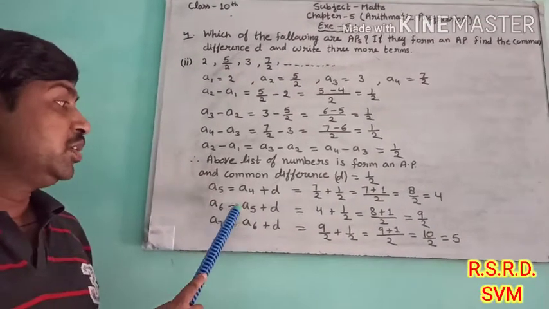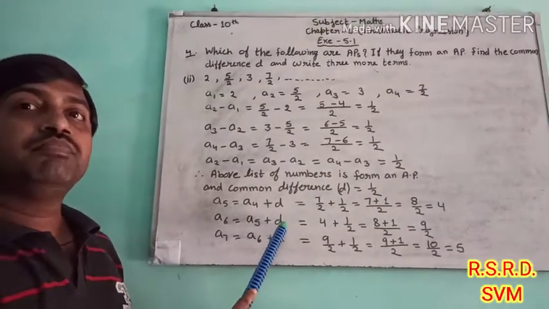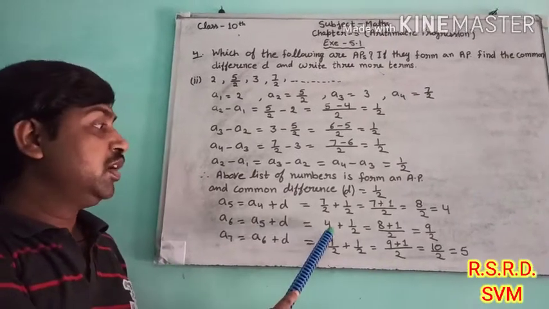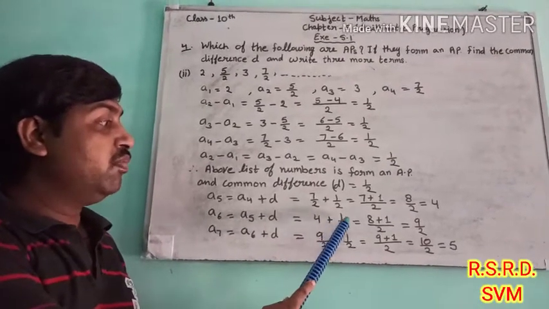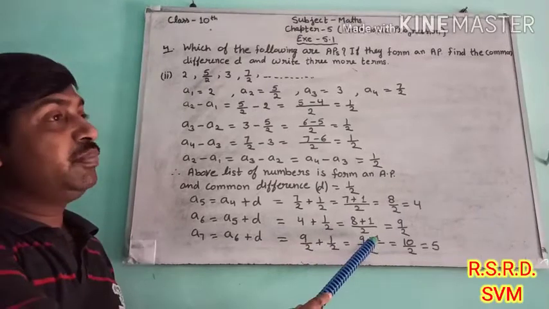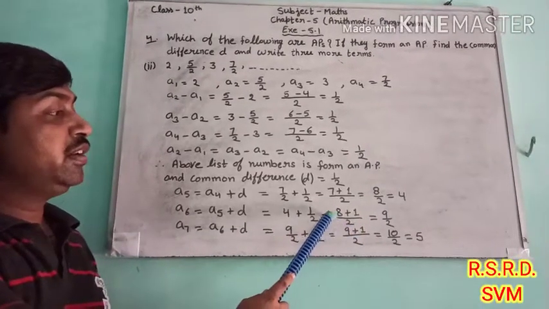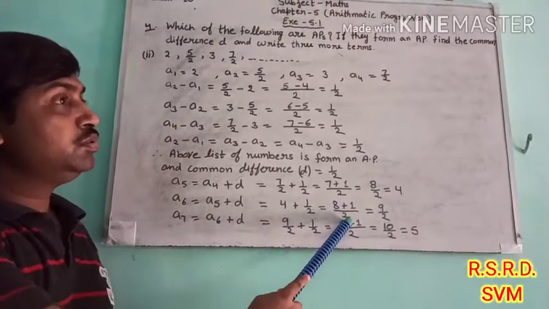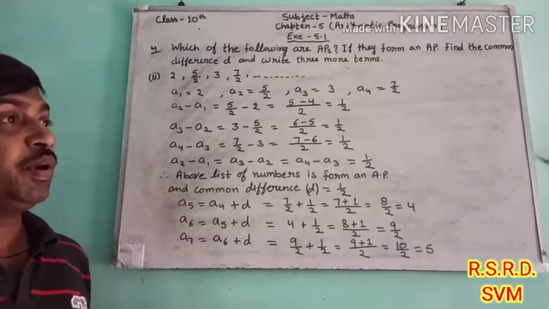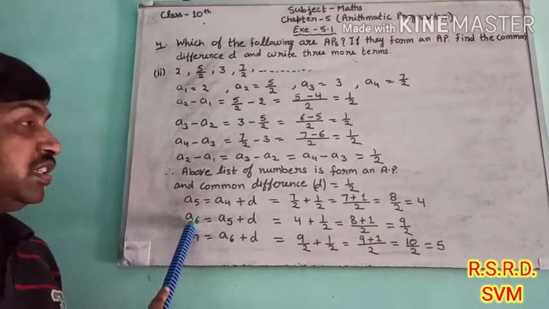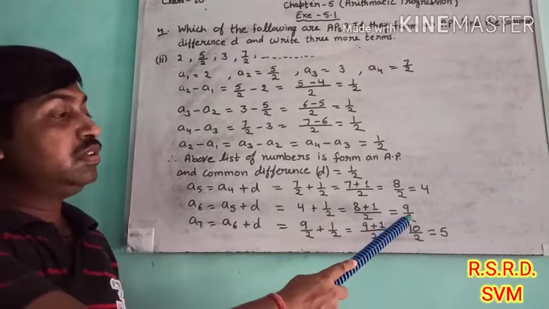Sixth term equal to fifth term plus common difference, that is 4 plus 1 upon 2. We take LCM 2, we get 8 plus 1 upon 2, that is 9 upon 2. It means the sixth term of the AP is 9 upon 2.